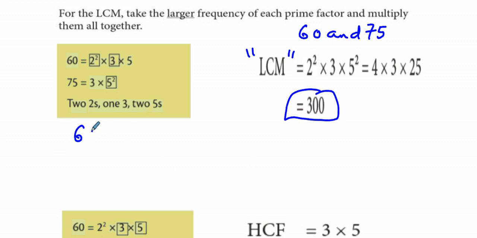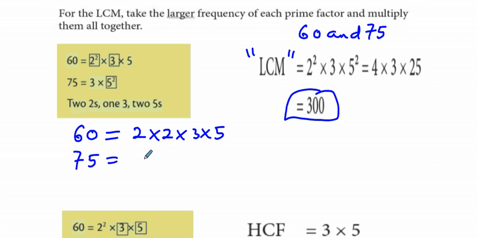We have seen that 60 equals 2 times 2 times 3 times 5. This is what we have recently covered. And also we have seen that 75 equals 3 times 5 times 5. Now for the LCM, we discussed in our previous videos that we look first for the common factors.